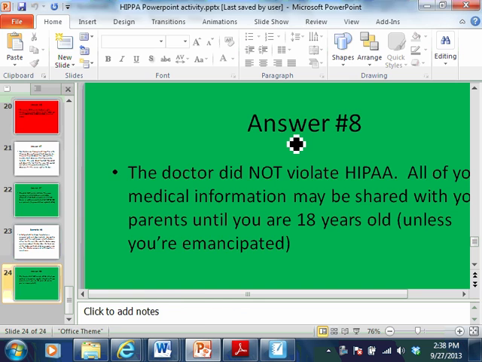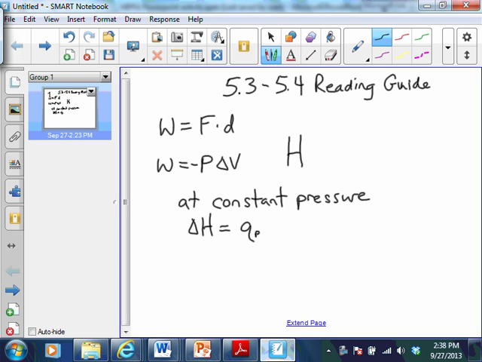So this is where signs become very important, negative and positive signs, all right? If you have an exothermic reaction, so we talked about this the other day, so you've got your system, right? And heat is flowing out of the system. What do you think your delta H for that reaction is, your heat change? You think it's going to be negative or positive?